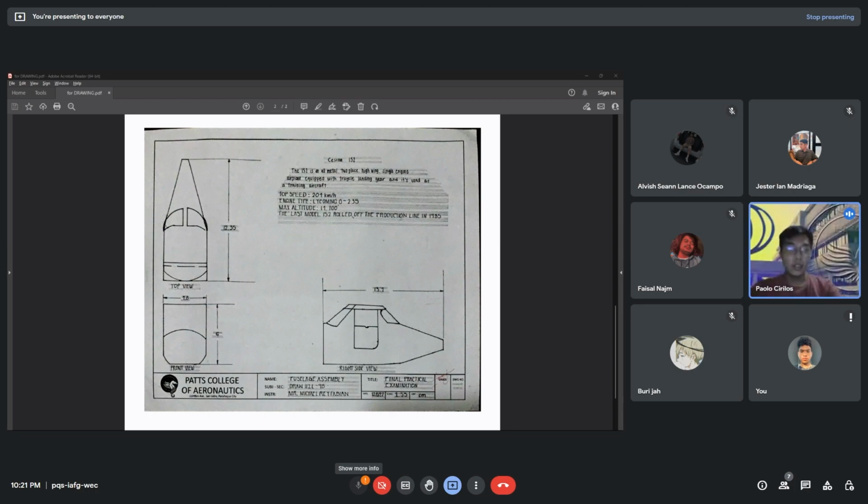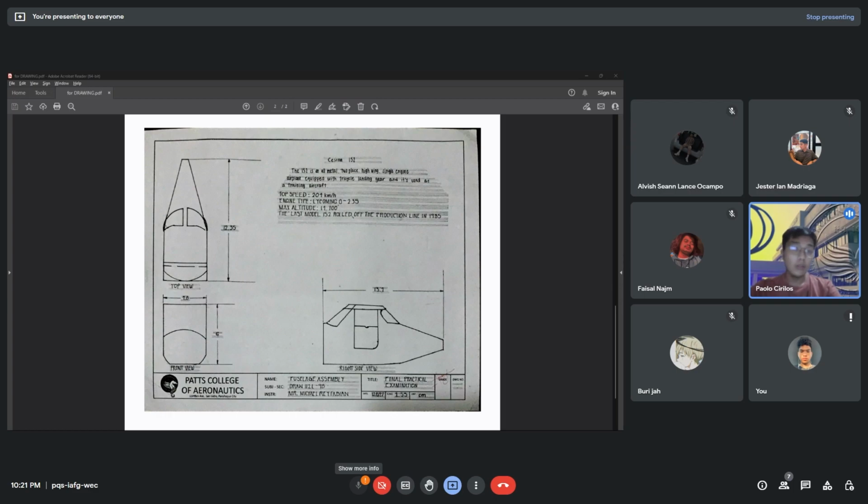Good day, everyone. I'm Paulo Cirillos, and I'm going to talk about a little background about the Cessna 152 aircraft. The Cessna 152 is a two-seat fixed tricycle gear general aviation airplane used primarily for flight training and personal use. The 152 is an all-metal two-place high-wing single-engine airplane equipped with tricycle landing gear and designed for general utility purposes.